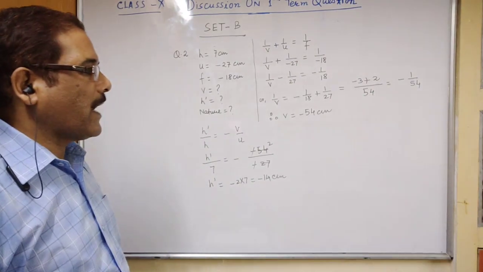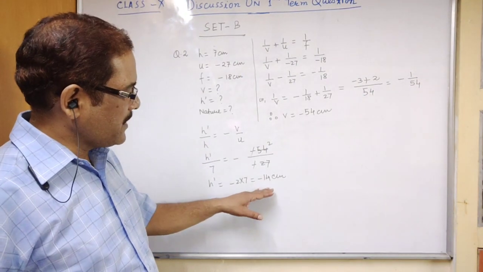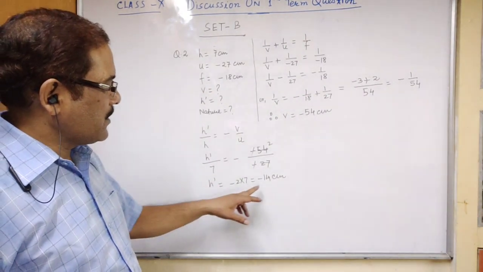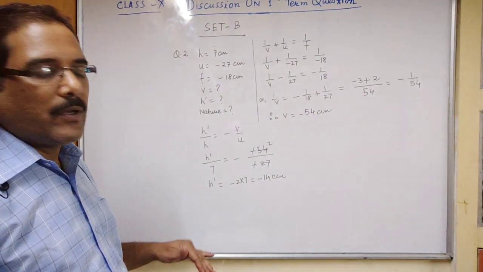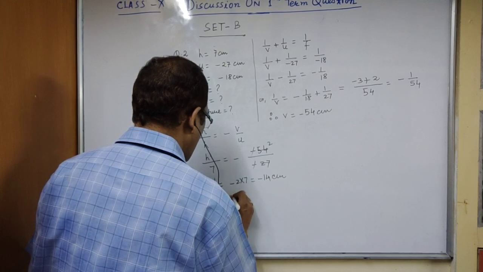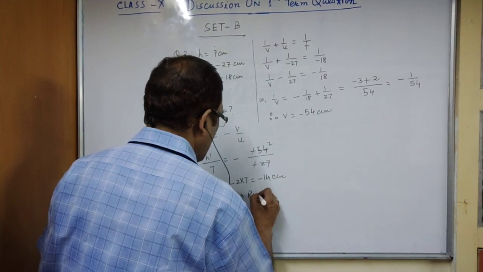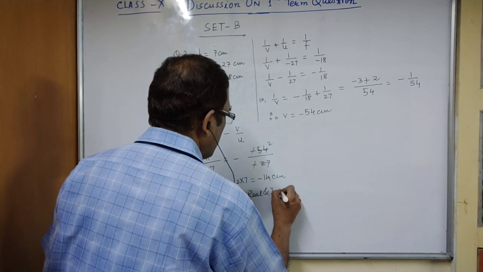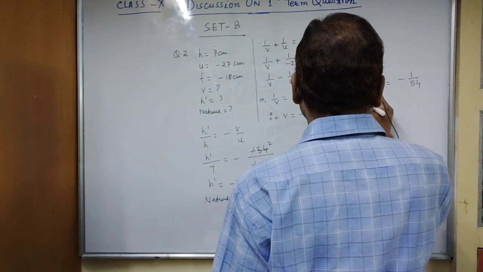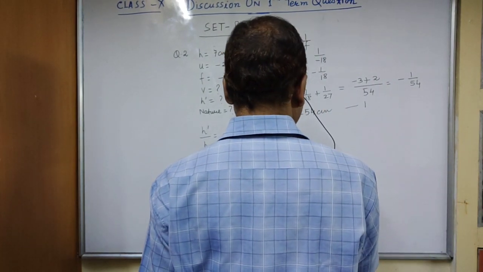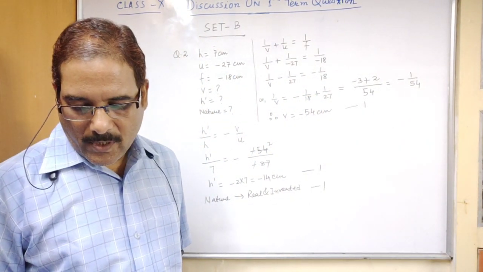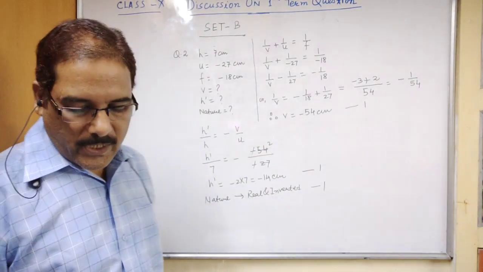Now h dash is the height of the image. Height of the image is minus. It means a real inverted image is formed, because minus sign in height means it is below the principal axis. So nature of image is real and inverted. So for this portion you will get 1 mark, for this portion 1 mark, and for writing nature you will get 1 mark. So total 3 marks for this question.